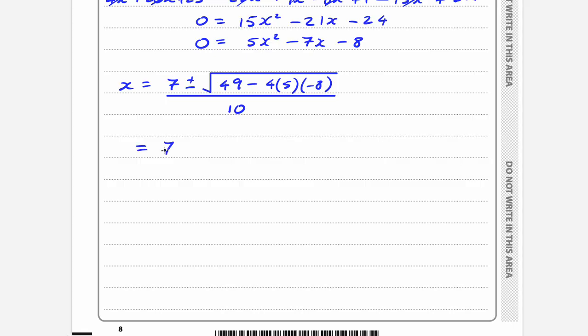This gives me 7 plus or minus the square root of 49 plus 160. So let me get this straight, guys. That's 20 times 8 is 160, plus that is 209 over 10.